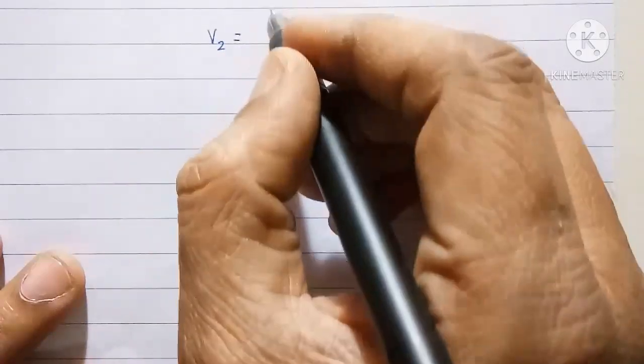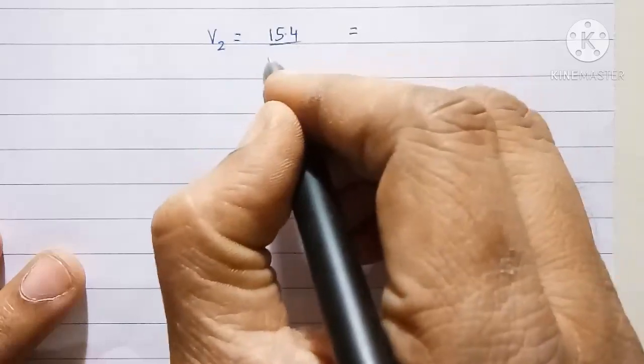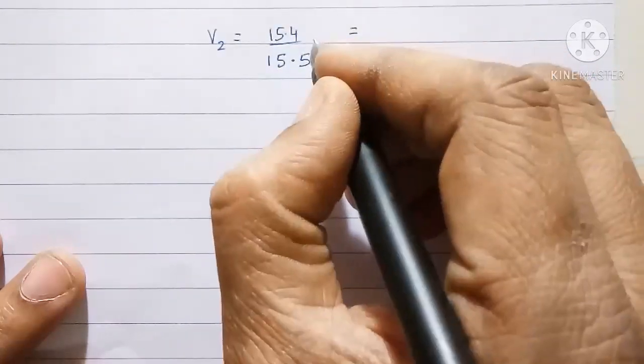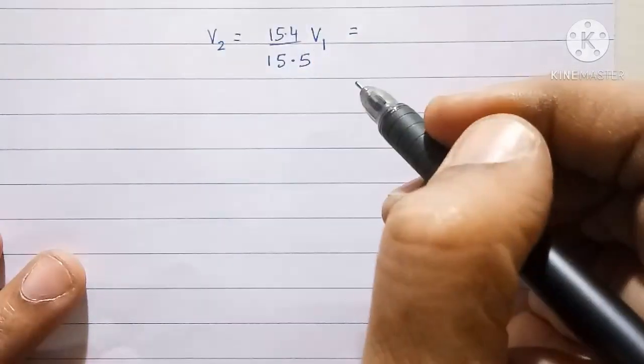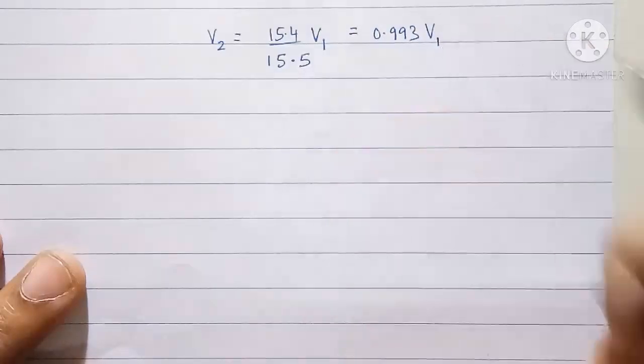V2 is equal to 15.4 by 15.5 times V1, that is equal to 0.993 V1.